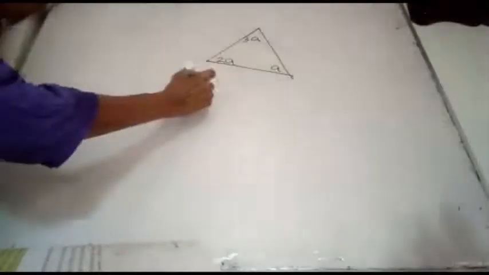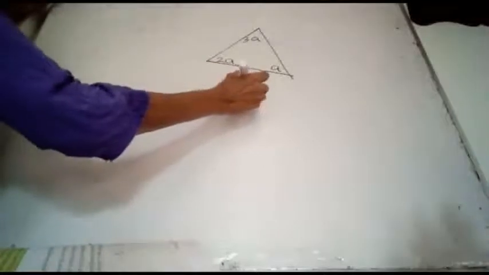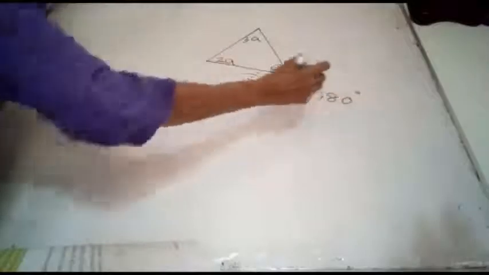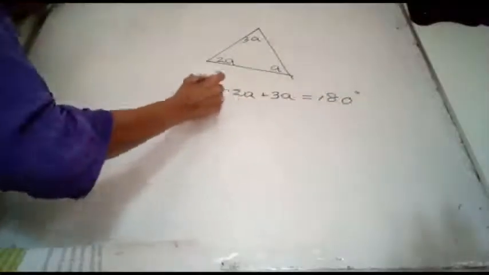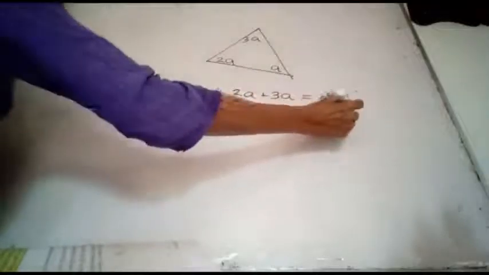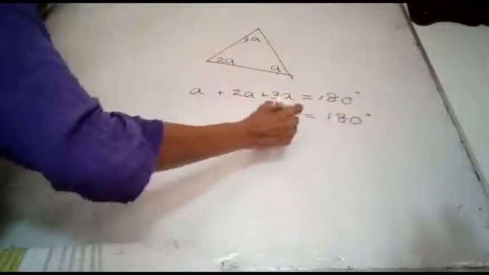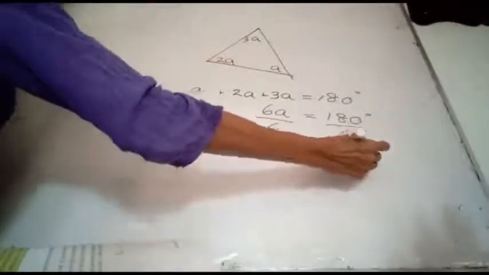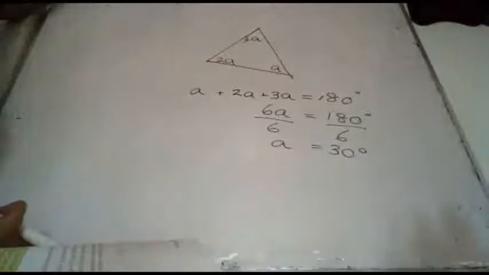Then the sum of the three interior angles of a triangle: a plus 2a plus 3a is equal to 180. Then a plus 2a plus 3a is 6a, equal to 180. Both sides divide by 6. A is equal to 30 degrees. Then find the magnitude of each angle separately.